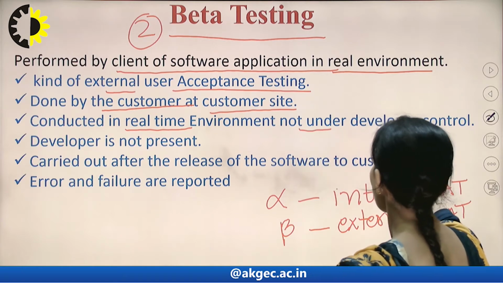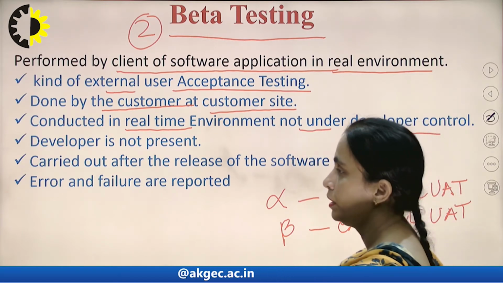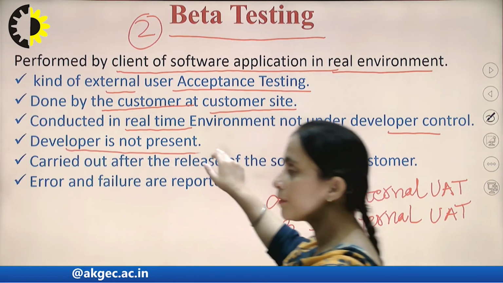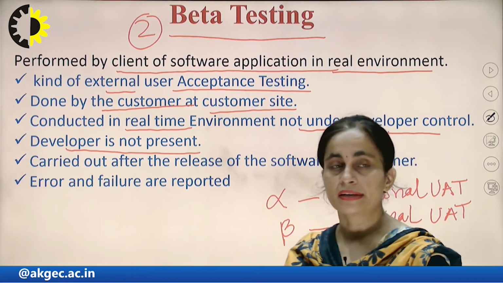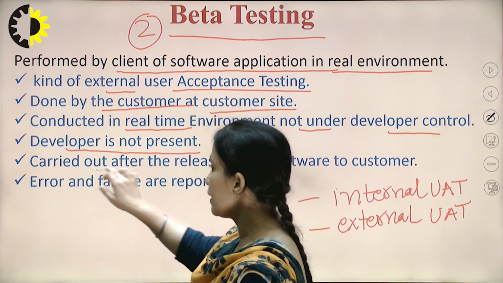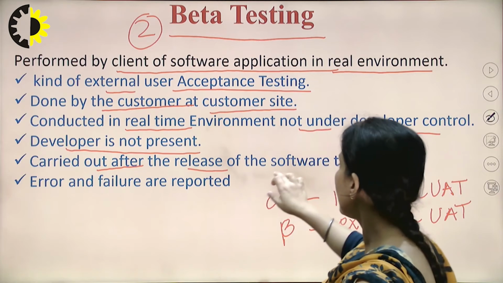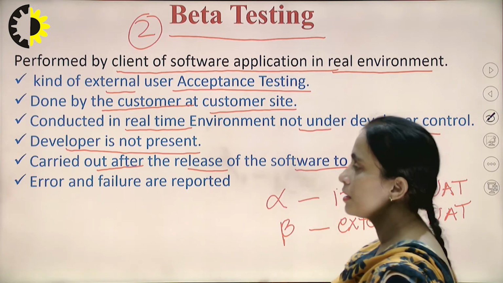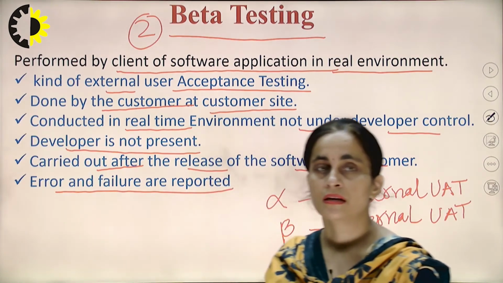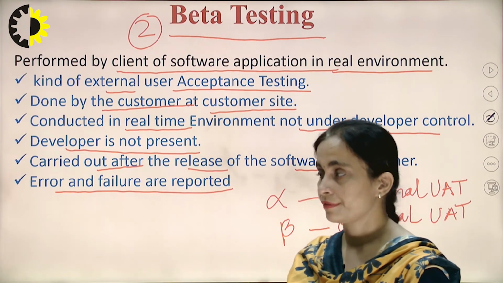It is not under developer control. I can say in beta testing, the developer is not present, meaning the person who has written the code is not present. Then it is carried out after the release of the software to the customer, and here also errors and failures are reported.